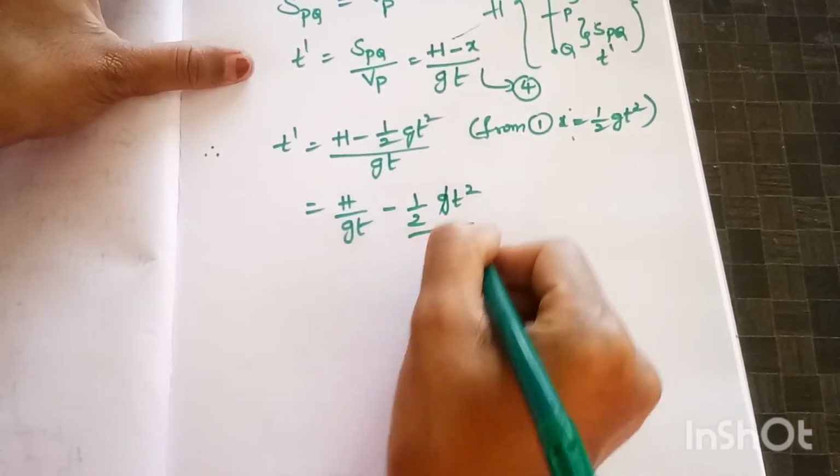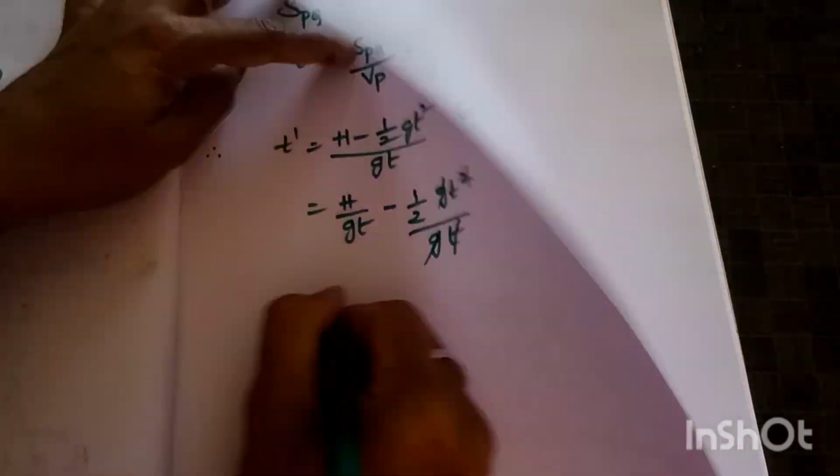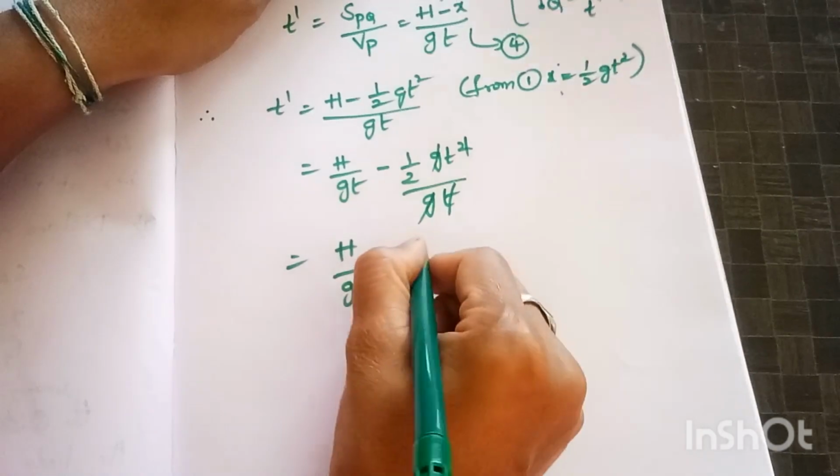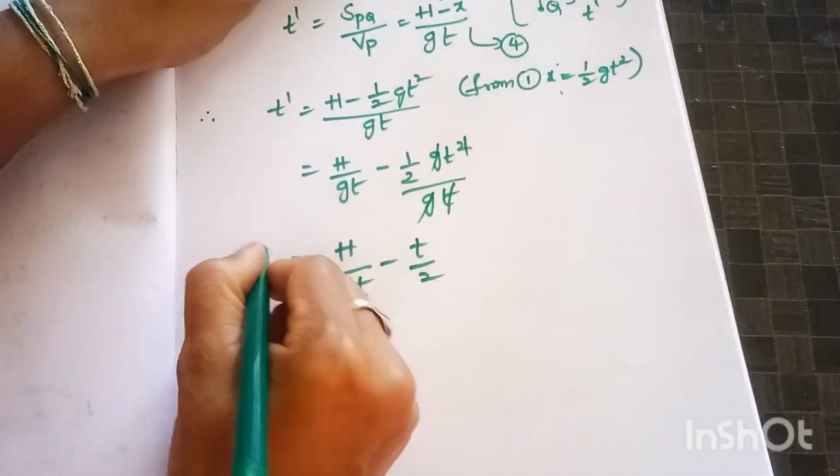The g will cancel and one t will cancel, giving h by gt minus t by 2. This is the time t dash.